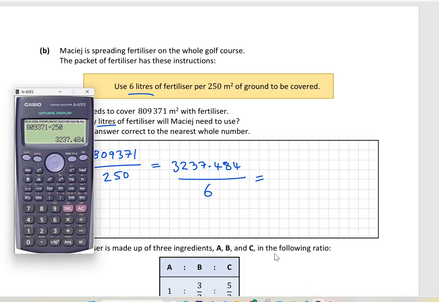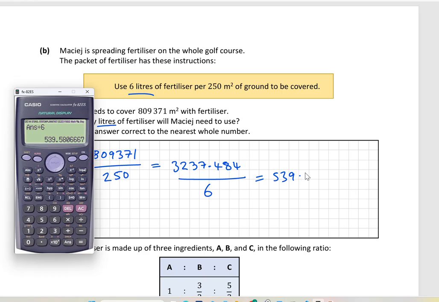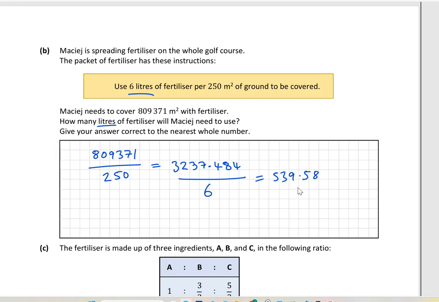So if I divide that number by 6, I will get 539 liters to the nearest whole number. So 539.58. So we'll say 540 liters. Okay.